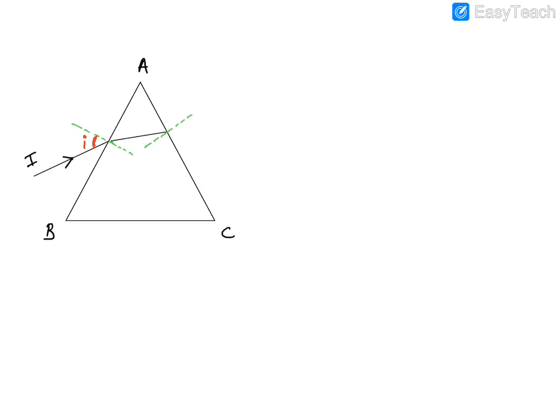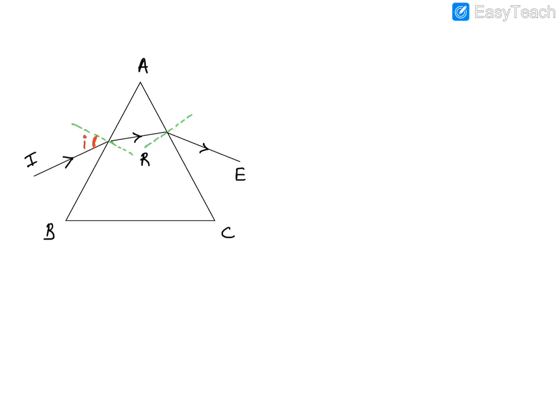Away from the normal. So this is your refracted ray, and that's your emergent ray. Because it's a refracted ray, I'll write R here, and because it's an emergent ray, I'll write E here.